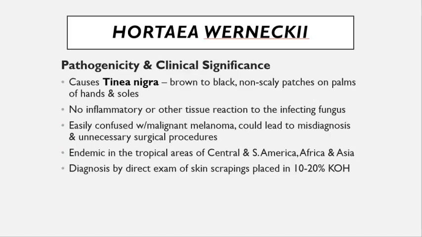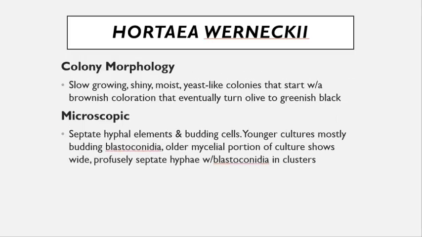For our diagnosis, we can use a direct exam method of skin scrapings placed in our 10 to 20% KOH solution. For our colony morphology for this species, we have slow-growing, shiny, moist, yeast-like colonies that start with brownish coloration and eventually turn to olive to greenish black in color.